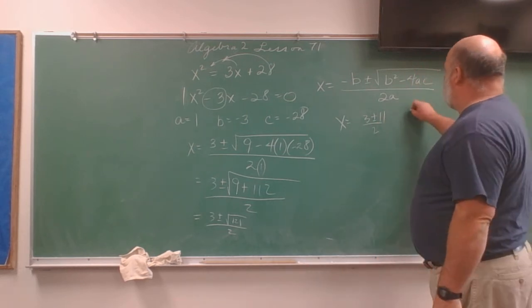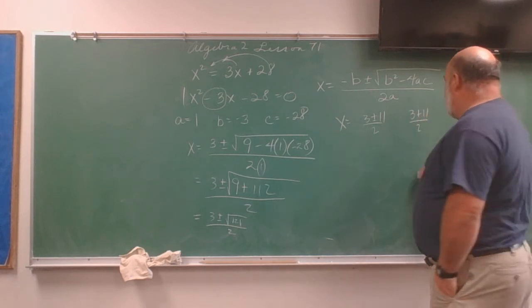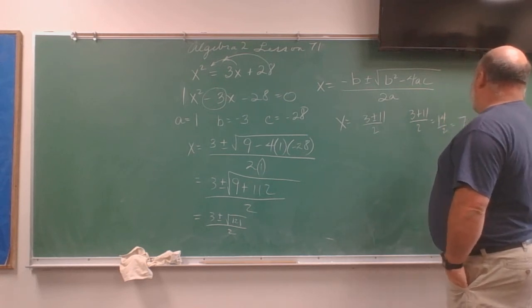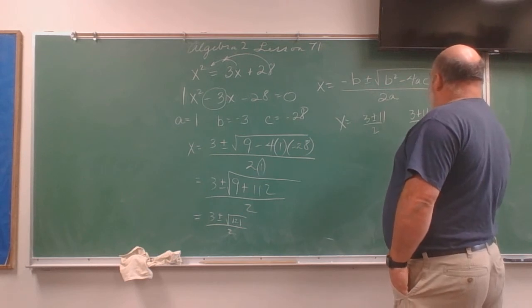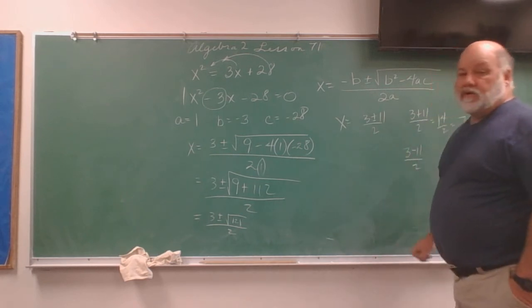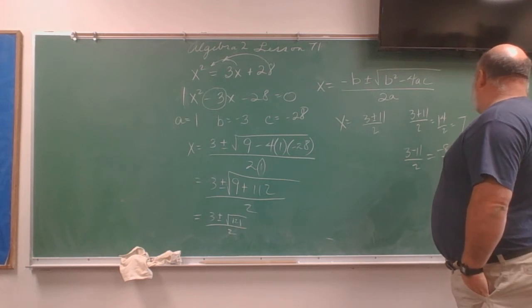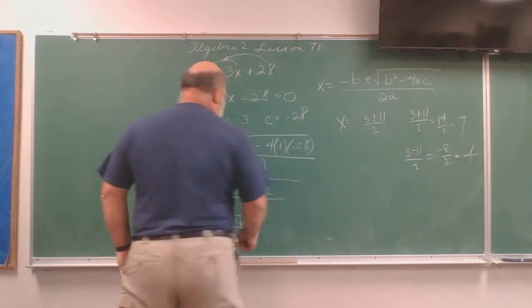We're going to get 3 plus 11 over 2. That's 14 over 2. That's 7. And 3 minus 11 over 2. That's negative 8 over 2. Negative 4.